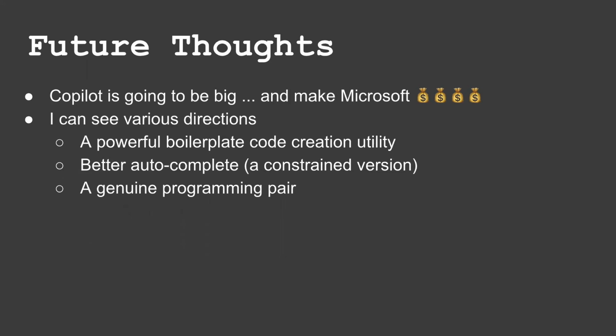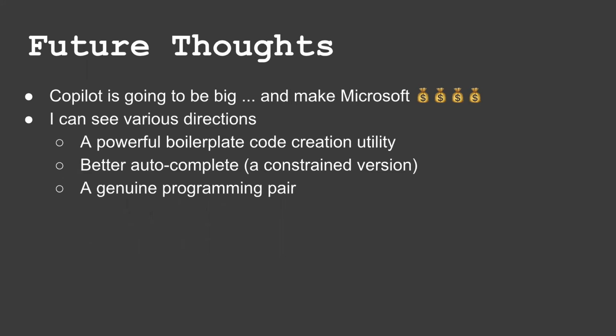Finally, I do think they should be exploring making it a genuinely better programming pair. And by that, I mean coupling it with some of the other AI technologies that are already relatively mature. Things like speech recognition are really quite mature. I don't think it's any great stretch of the imagination that at some point in future you could genuinely have a verbal conversation with Copilot.